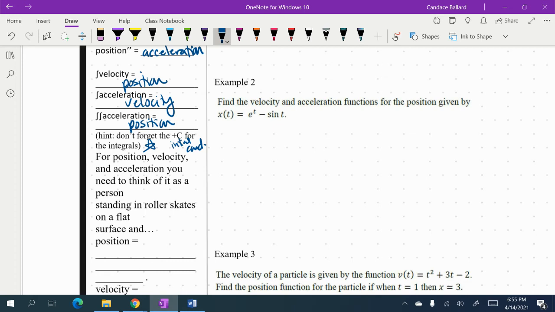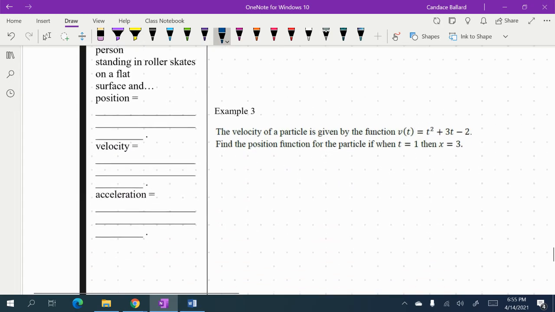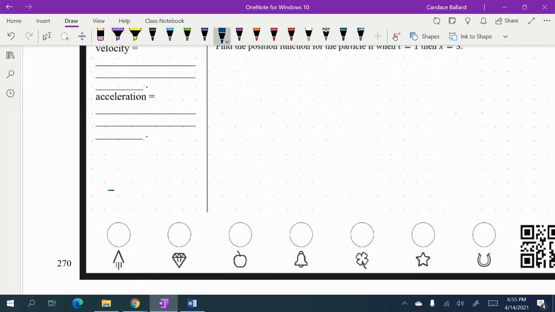For position, velocity, and acceleration, you need to think of it as a person standing on roller skates on a flat surface. So here's my person. They've got roller skates on, and they have two fans, one on either side, blowing at them in either direction.